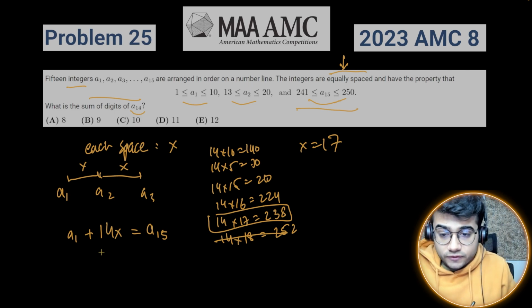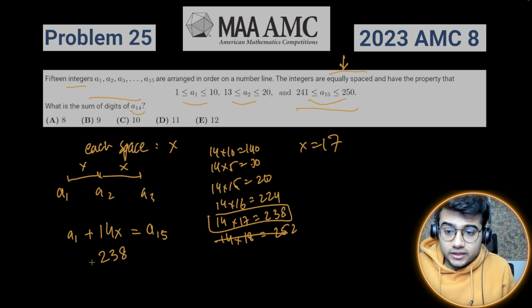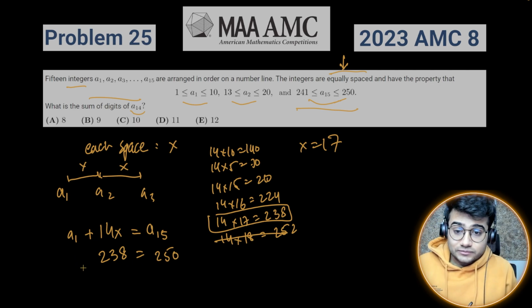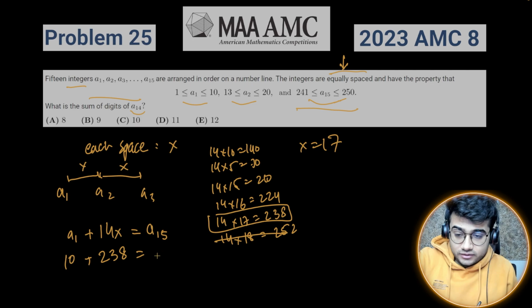If this is 238, then let's try to make the highest possible value of a15, which is 250. Well, to make that happen, a1 would have to be 12. Well, that's not possible, so that means the maximum possible a1 can be is 10 and still get in the range.